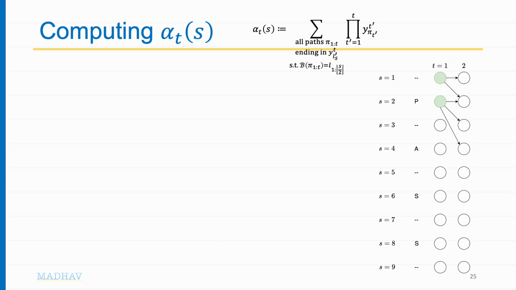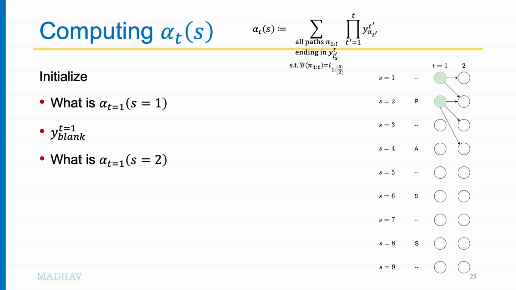What is y11? Time is 1. What is the second one? Yes, a blank. So L dash 1 is always a blank. So you initialize it first. So alpha t equal to 1, s equal to 1 is y at t equal to 1 and your k is blank.